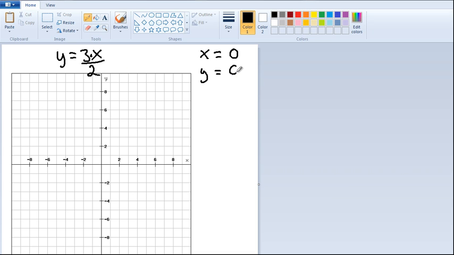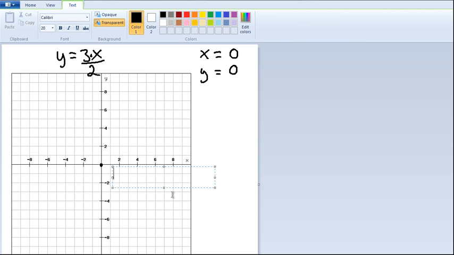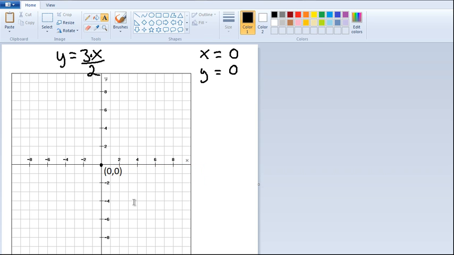So y is also 0. Here we have 1 point. So this is 0, 0.